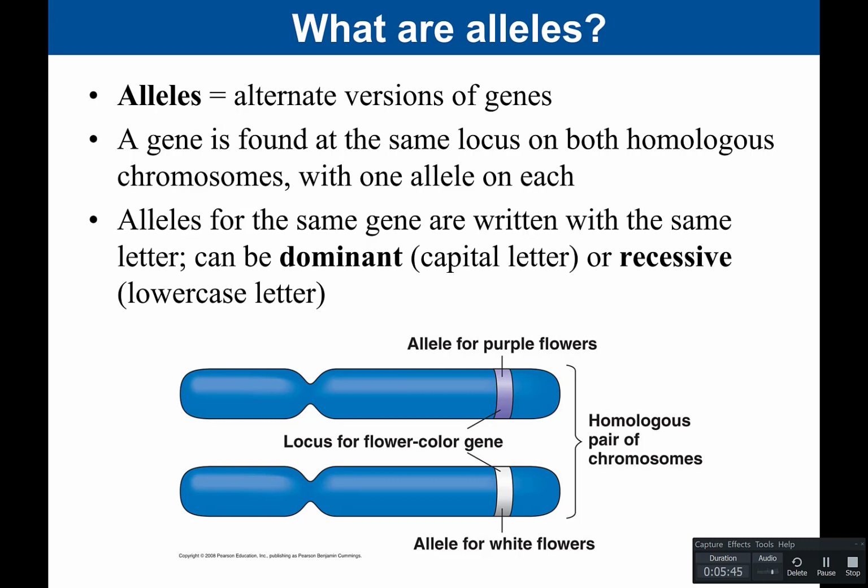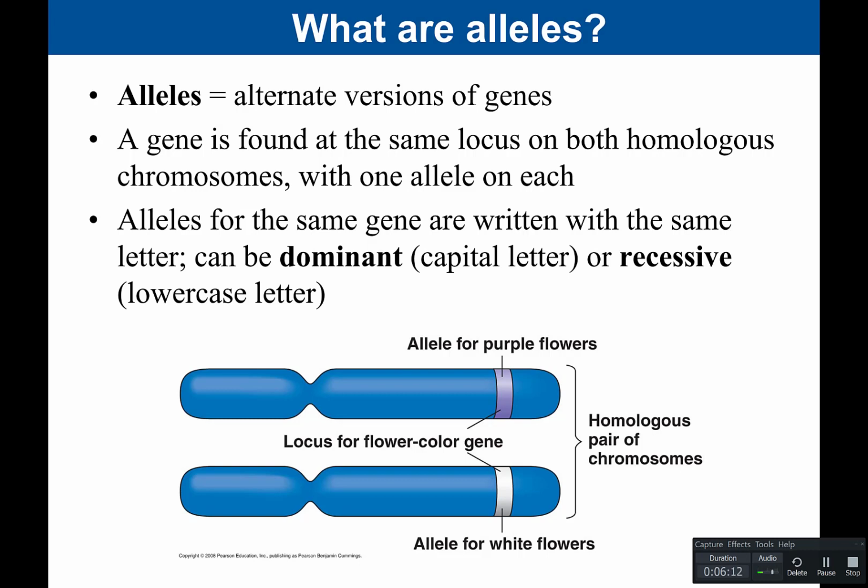One came from mom, one came from dad. And so we have the locus for flower color gene. Now, at that locus, at that position, we may have alleles, alternate versions of a gene. So we could have a plant that has the allele for purple flowers on one and the allele for white flowers on another.